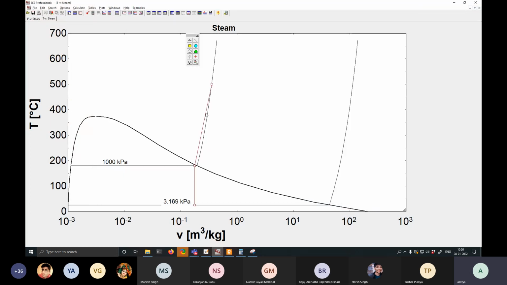So Manish, this is not correct. The actual process will go along this isobar. It will go to this point, then straight. It will not go in this because EES does not know. It has simply plotted it like that. This much should be clear to everyone.